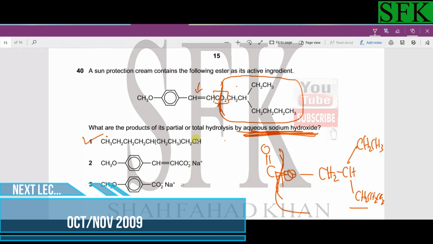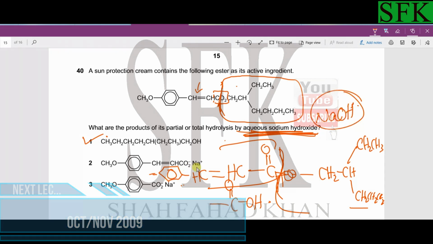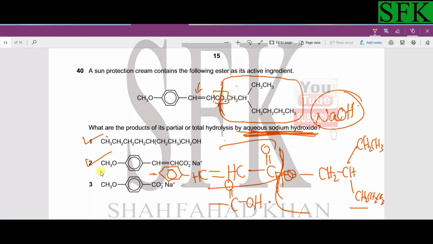The second compound is also possible because the left-hand side, the CH double bonded to CH, and then the benzene ring, is the functional group of a carboxylic acid. This carboxylic acid will react with the sodium hydroxide used in hydrolysis, so it will form the sodium salt of the acid on the left-hand side.